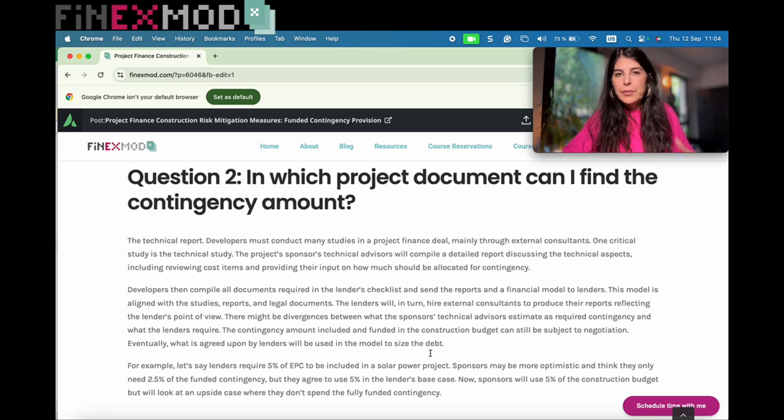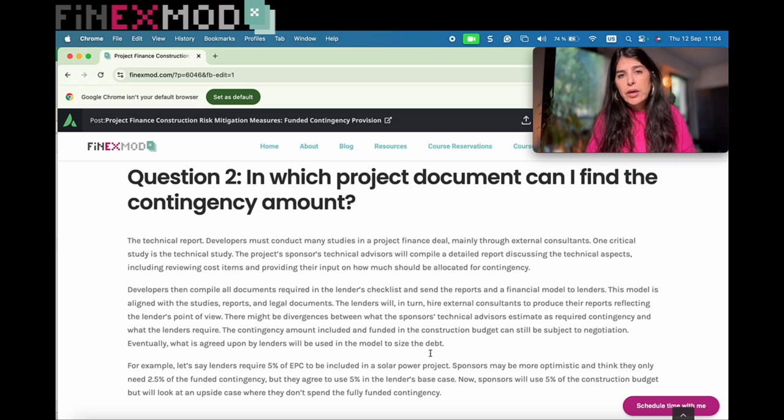Okay, so what happens during the appraisal stage? Sponsors will have their own consultants, external advisors, to basically produce different reports for them so that they understand the project better and can also present the project better to lenders.